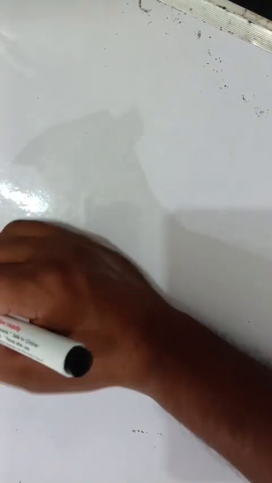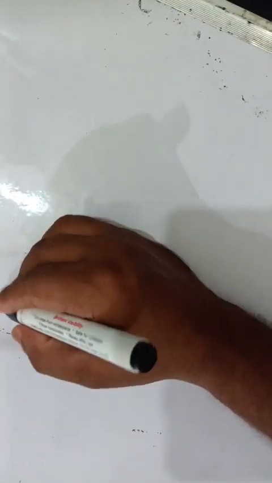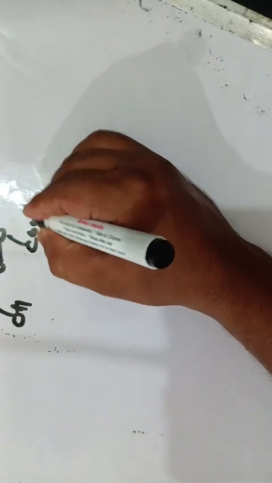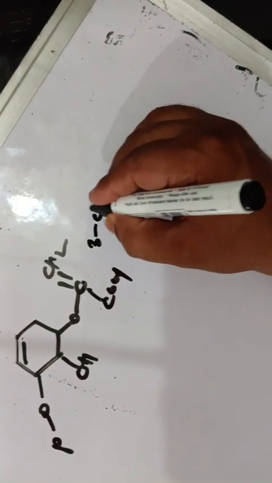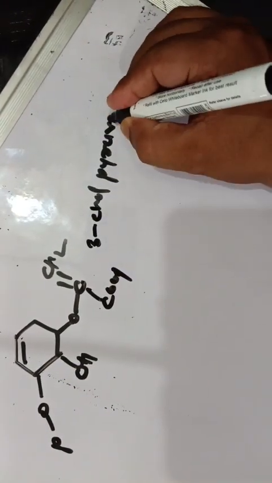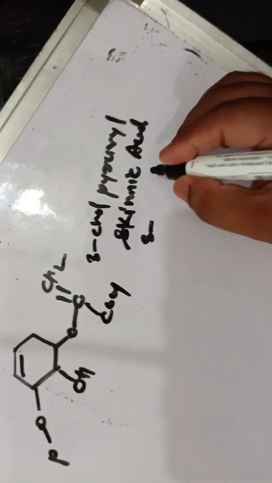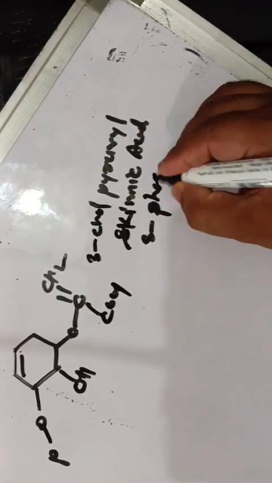If you remember, when we use chorismate synthase on the compound 3-enolpyruvyl shikimic acid 5-phosphate, this is the compound, with CH2, COOH, O and P. This is 3-enolpyruvyl shikimic acid 5-phosphate.